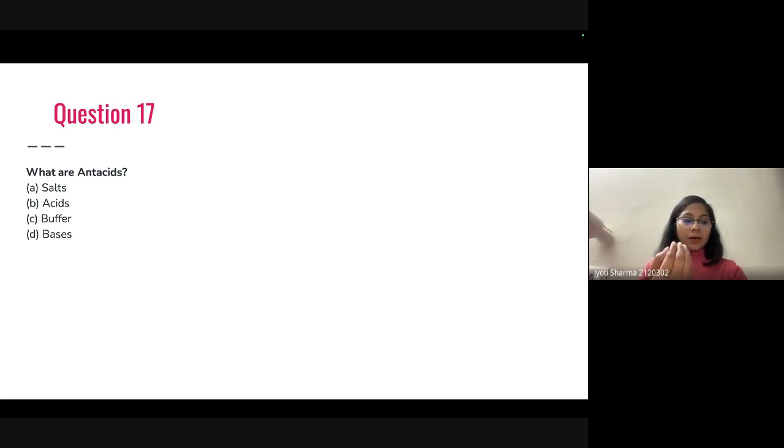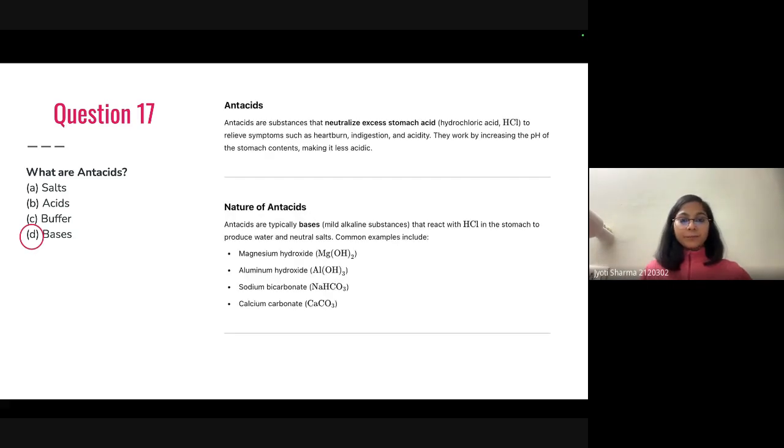Because a base, when it reacts with the acid, will give you the salt, and this is how your acidity can be treated. So the medicines you have for acidity mostly have compounds that are basic in nature. Can you tell me the name of some antacids? Anyway, antacids are substances that neutralize excess stomach acid, which is mostly HCl, to relieve symptoms such as heartburn, indigestion, and acidity.